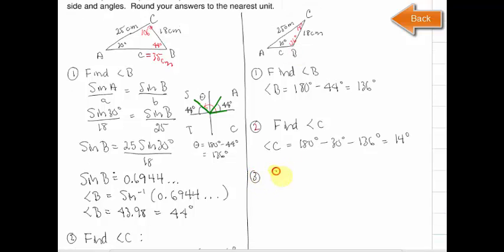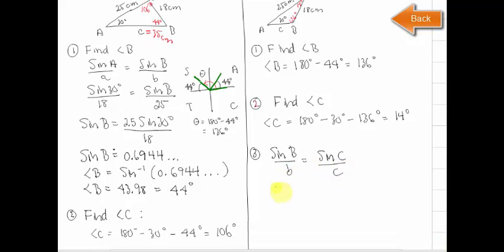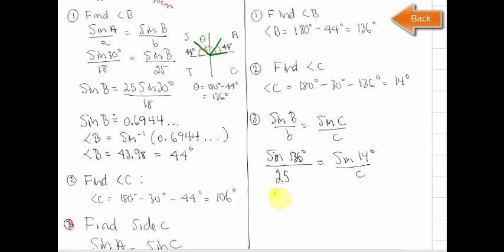Okay, and this time I'm going to use sine of B over B is equal to sine of C over C. Okay, so sine of 136 degrees over 25 is equal to the sine of 14 degrees over C. And I get that C is equal to 25 times sine of 14 degrees over the sine of 136 degrees.